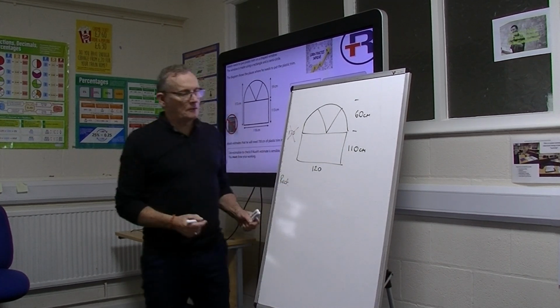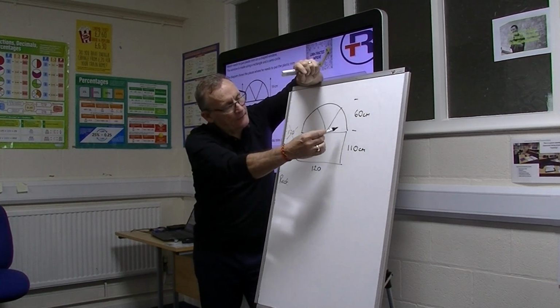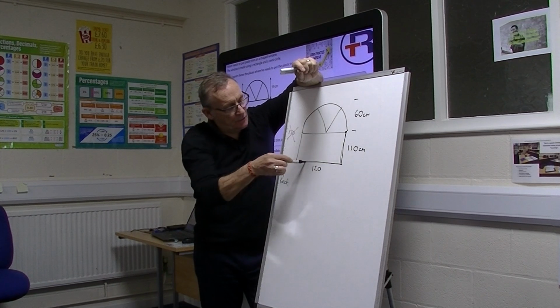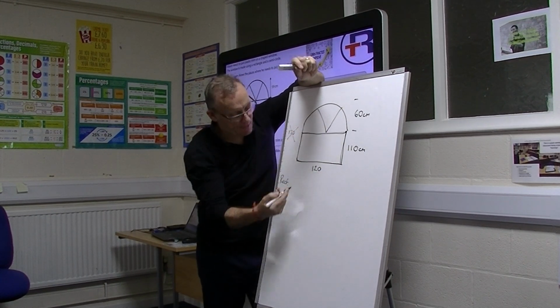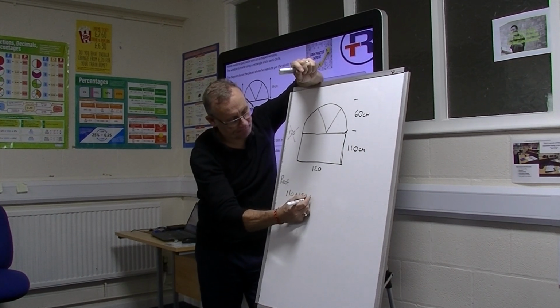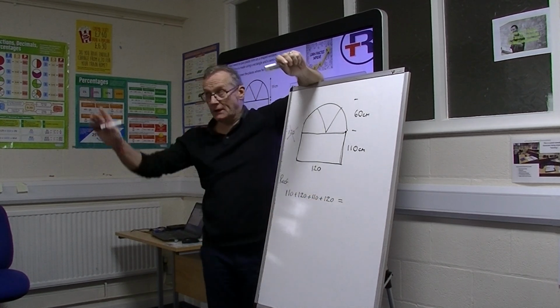which is the rectangle. We get our pen. Here we go. Let's count. Start there. 110 plus 120 plus 110 plus 120. Okay, no calculator.